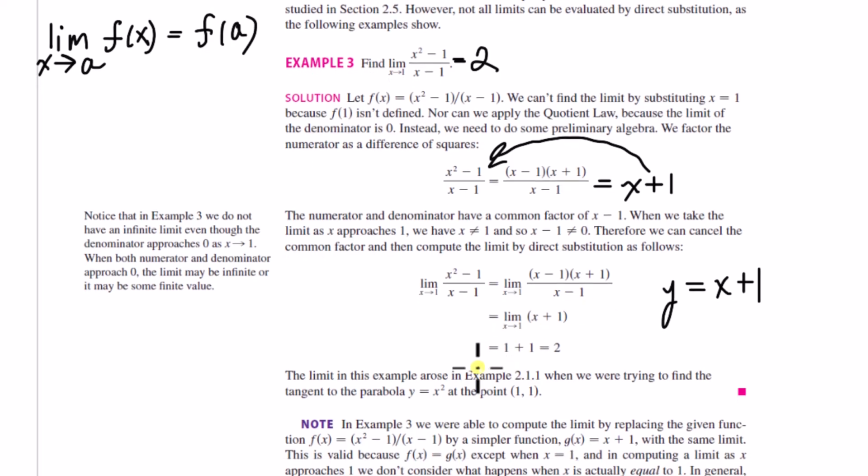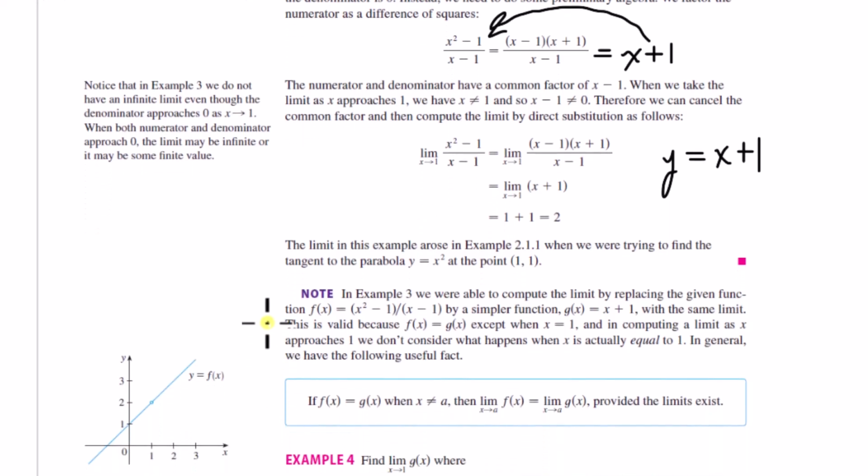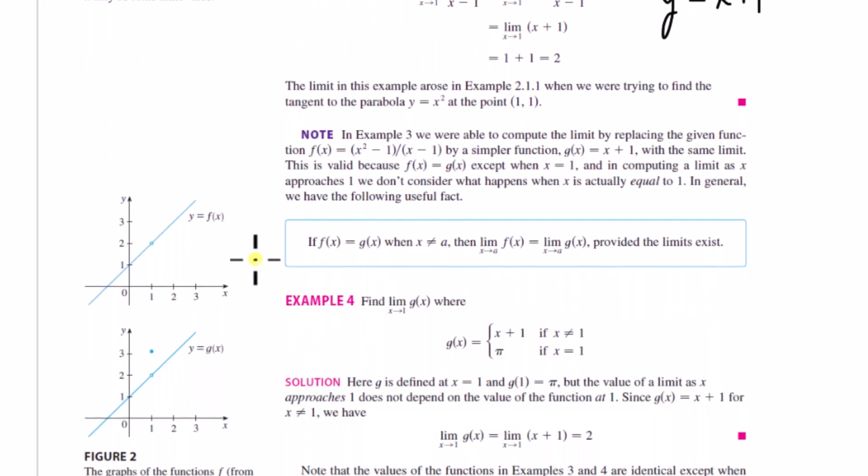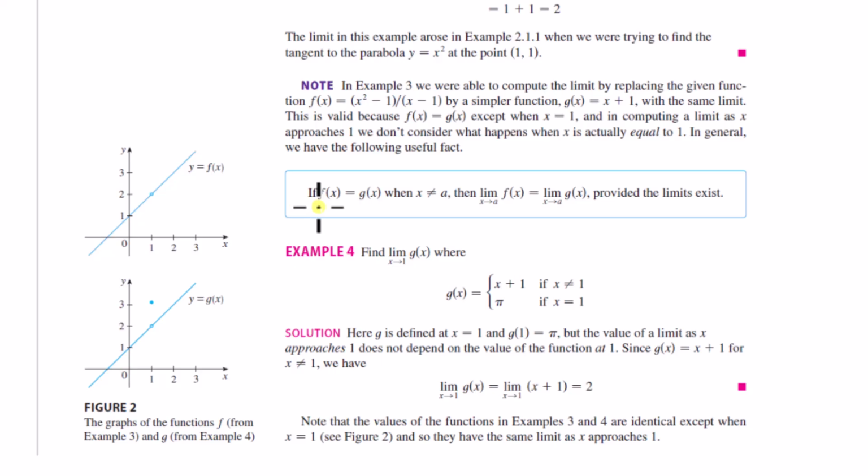And they state this whole idea here with this property. They're saying that if f of x is equal to g of x, if you have two functions that are exactly the same except when x is equal to a, so, okay, they're exactly the same when x is not equal to a, but at x is equal to a, they could be different in whatever way.